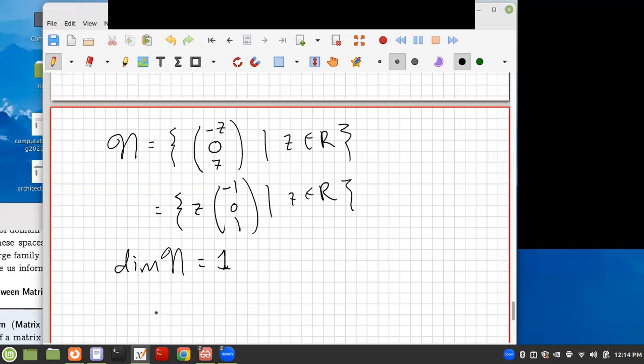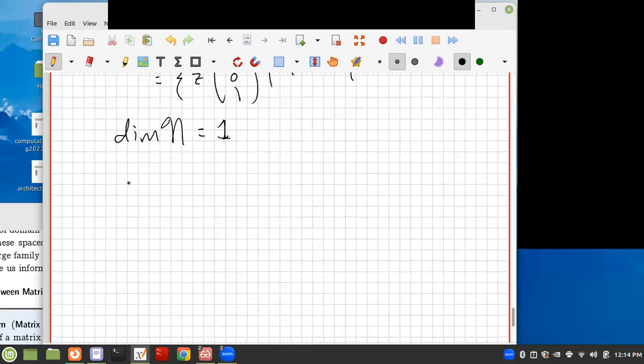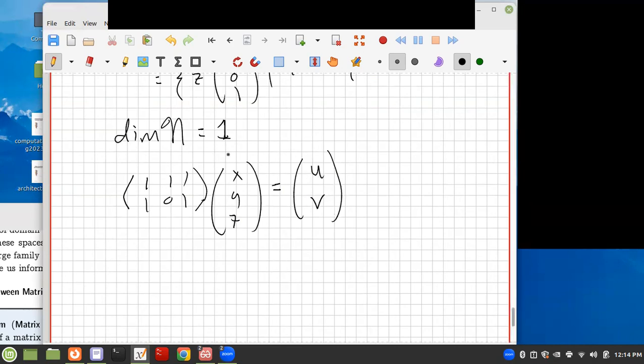Okay, now what about the range space? Well, the range space is 1, 1, 1, 1, 0, 1. I put in any vector here, and I get out u v over here, right? This is the x, y, z, for any vector here.